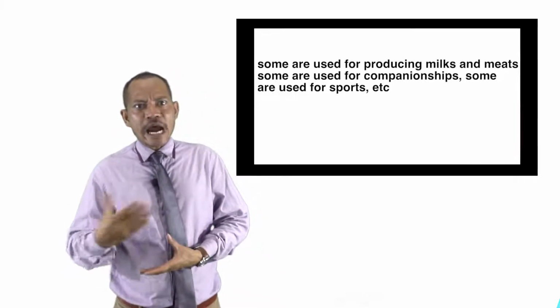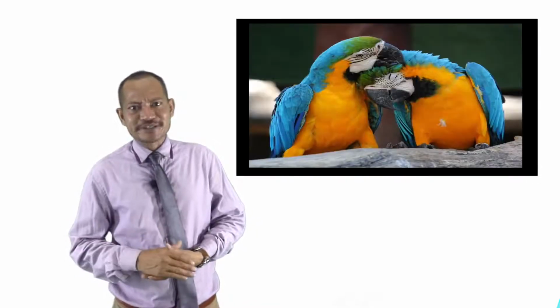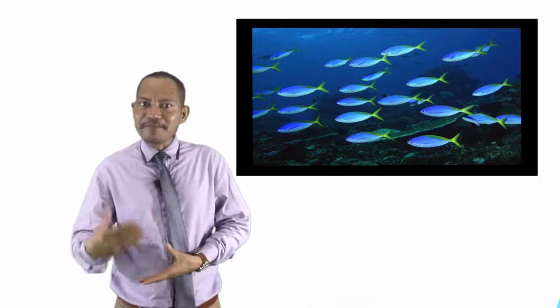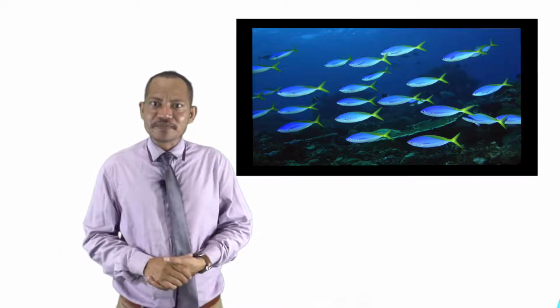And there are maybe wild animals that are made pets, like monkeys, parrots, cockatoos, and maybe pythons, or maybe crocodiles and fish. And you may be wondering how taming these animals requires certain skills.